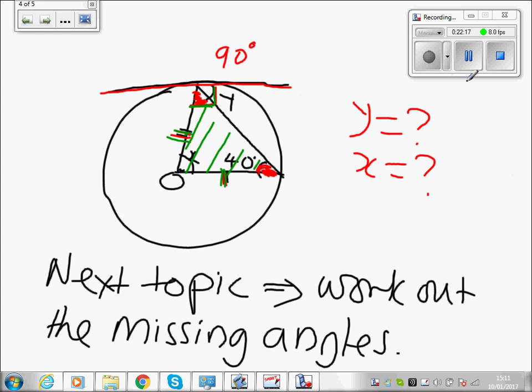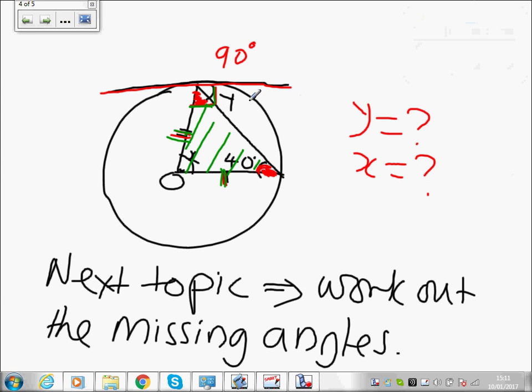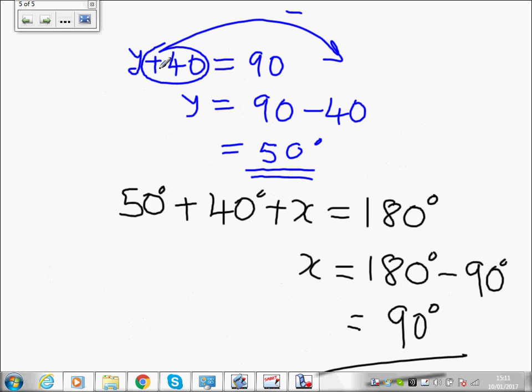So from this, we can now say the total angle there is y plus 40 is equal to 90. Can you see there?